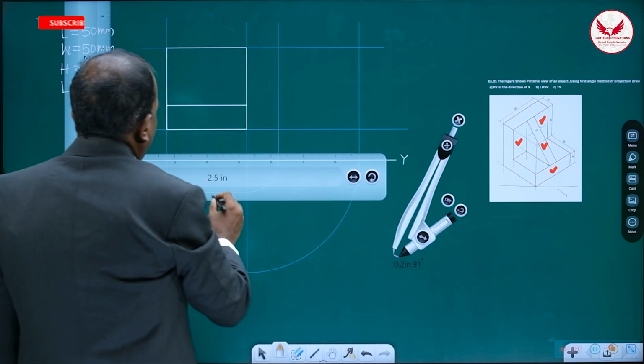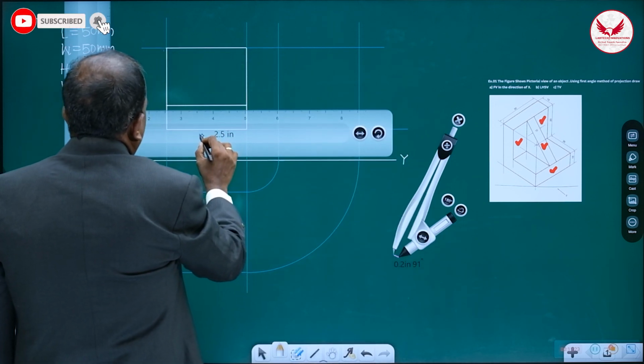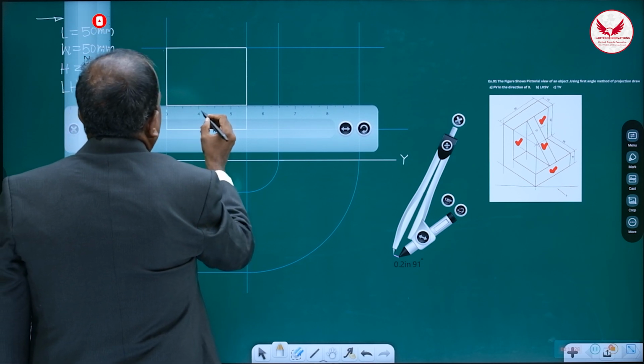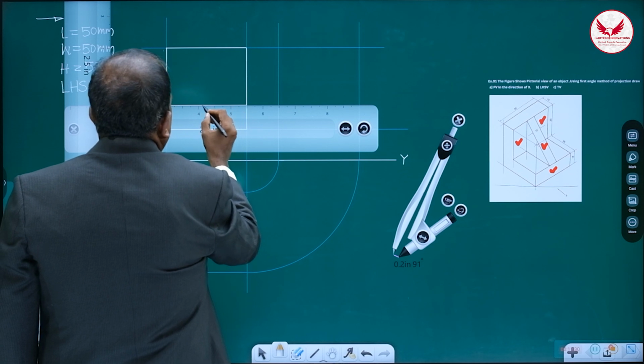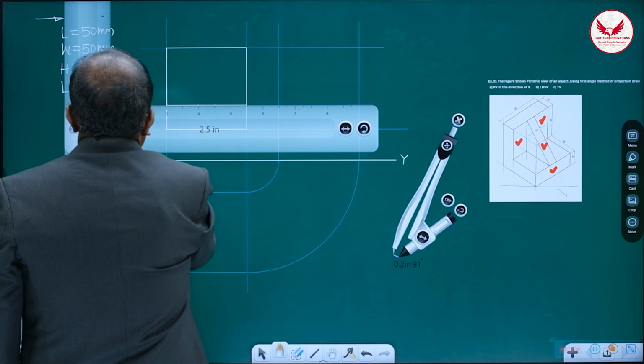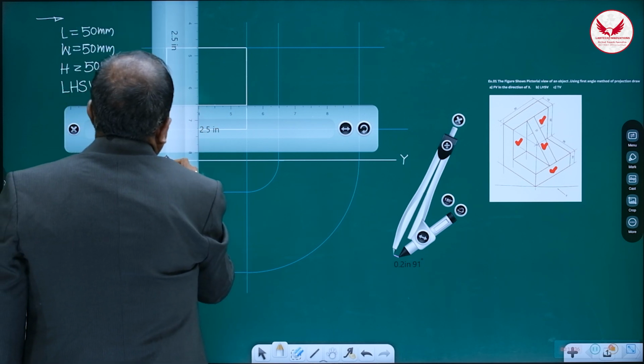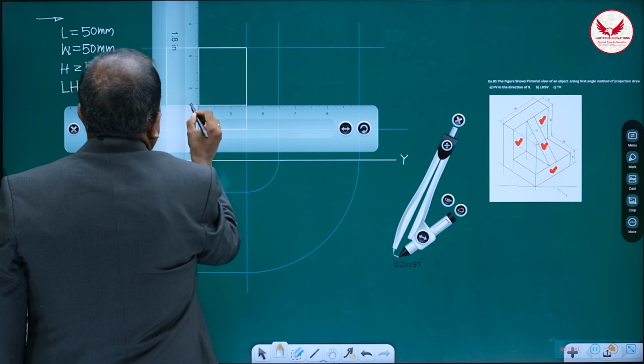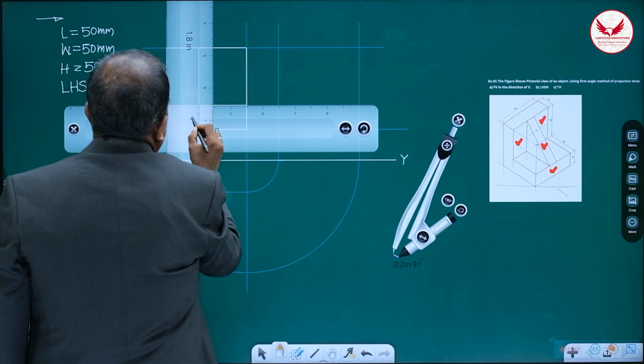Then how can we mark it? So whatever this 50 is there, centrally mark 10. Centrally mark this 10 and from this draw this vertical line.